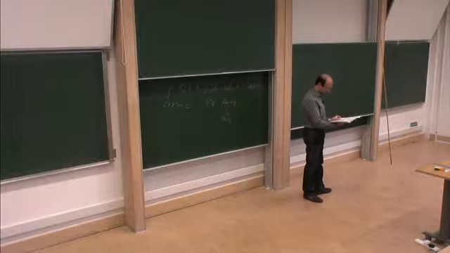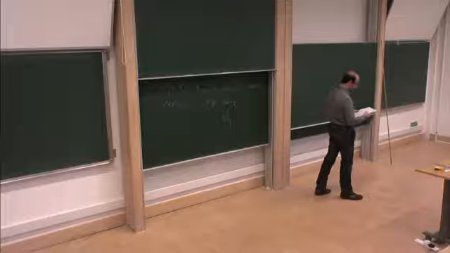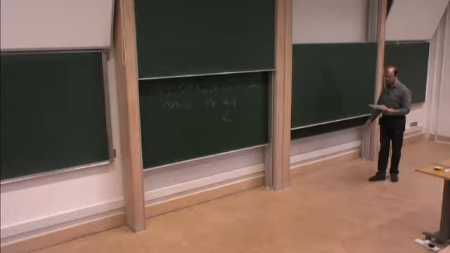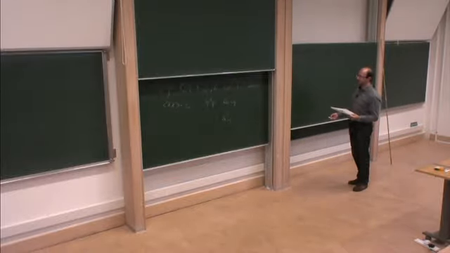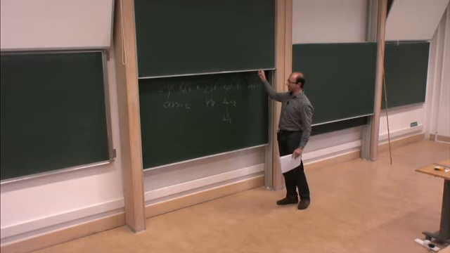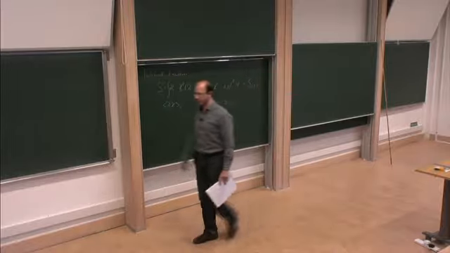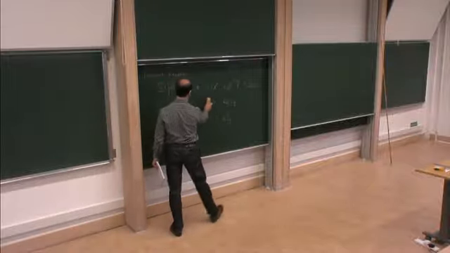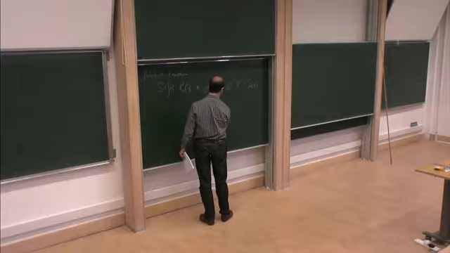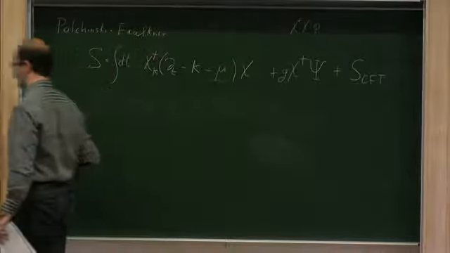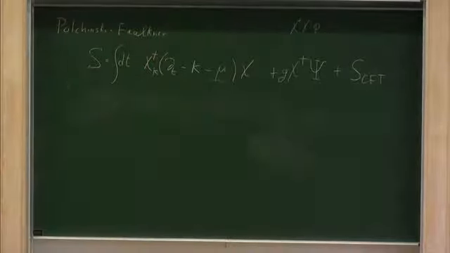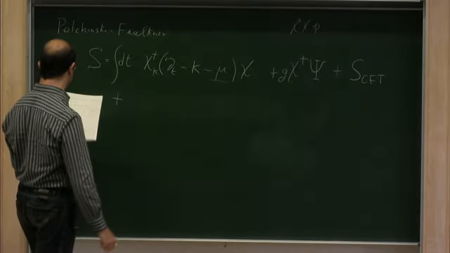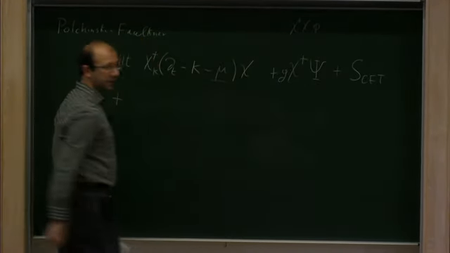So first of all, we need to generalize the Polchinski-Faulkner model to allow for interactions. And so we start with the same quadratic action, and we can have interactions of the form, well, there are basically interactions between the fermions and the conformal field theory.